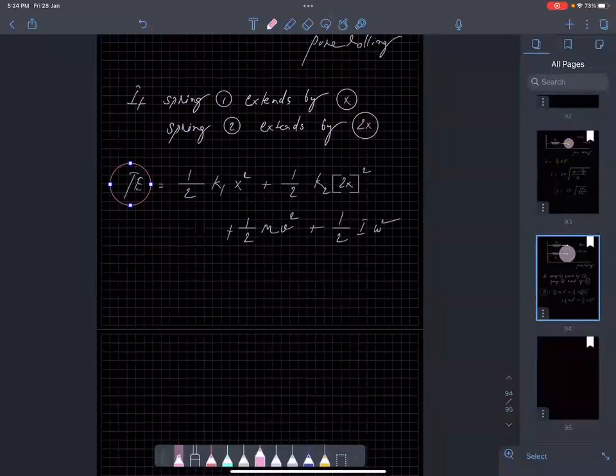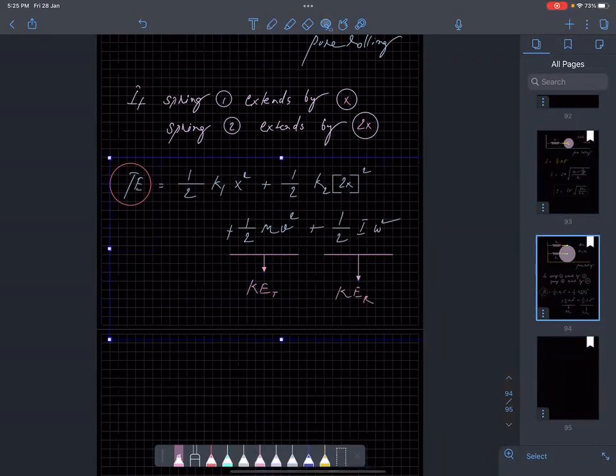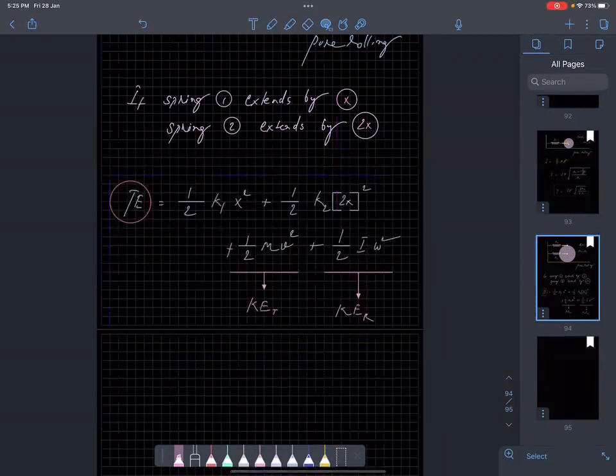This is translational kinetic energy, this is rotational kinetic energy. And the terms at the top are the potential energies of the springs. So this is PE1 and this is PE2.